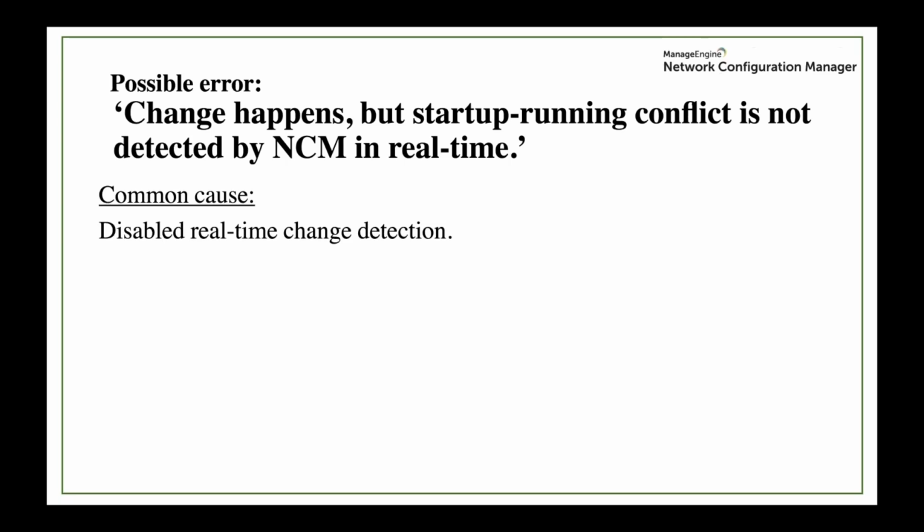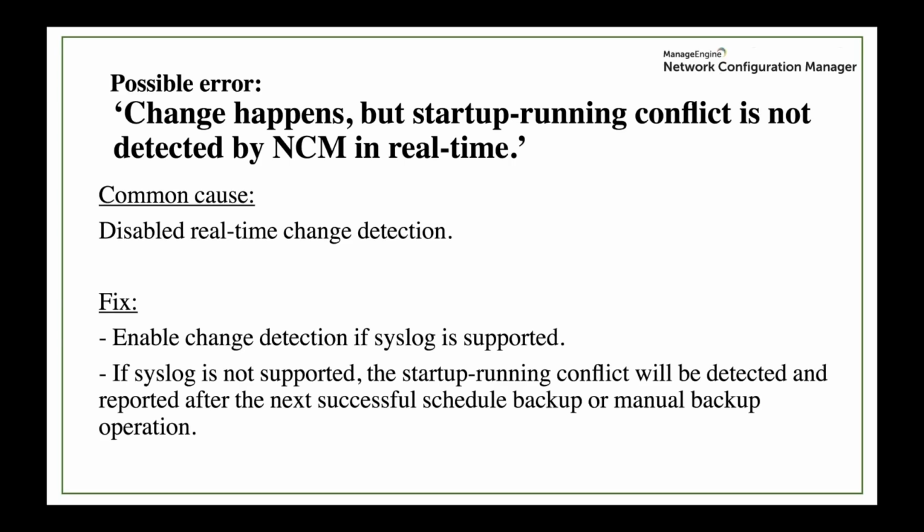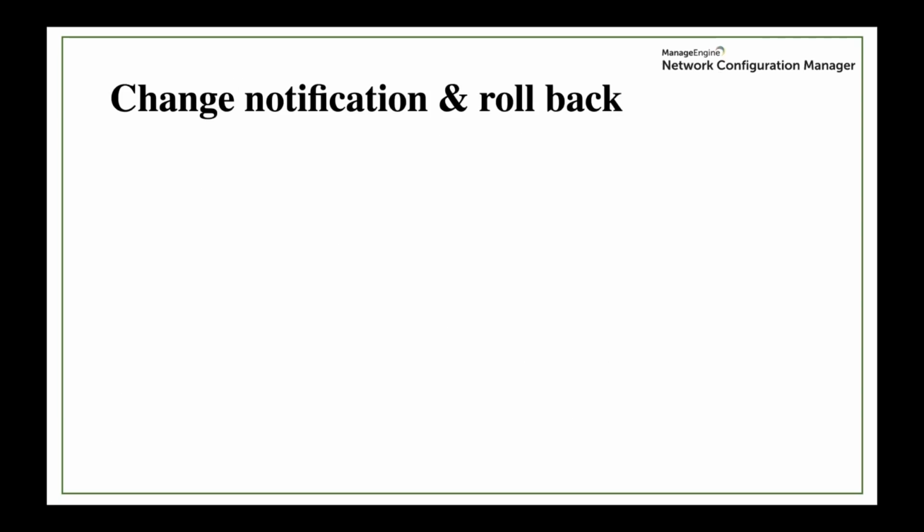So all you have to do is enable the real-time change detection to fix this issue. But to enable the change detection, the syslog has to be supported. So if the syslog is not supported, then NCM will detect this conflict in the next successful scheduled backup or manual backup operation. Let's go to change notification and rollback.